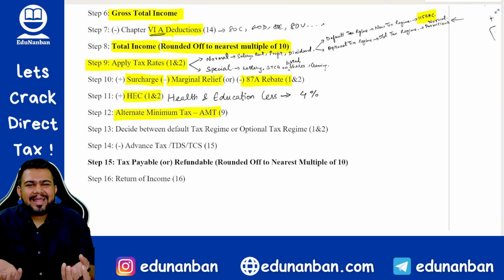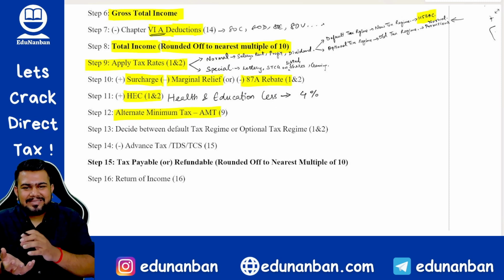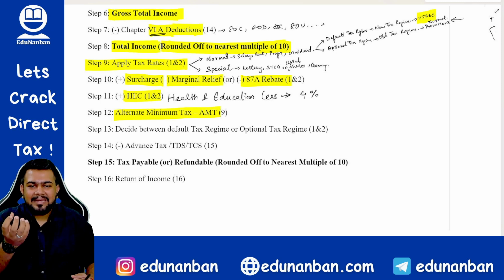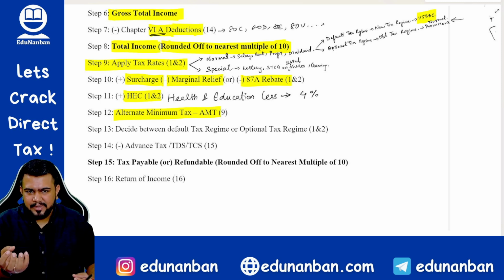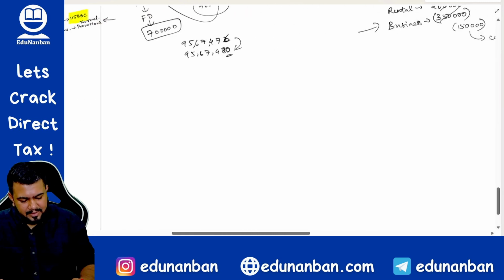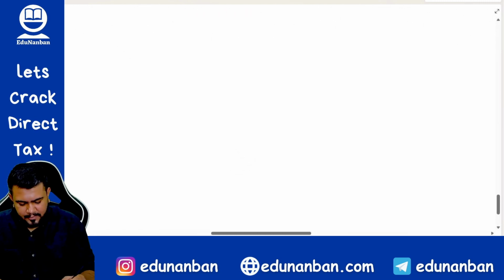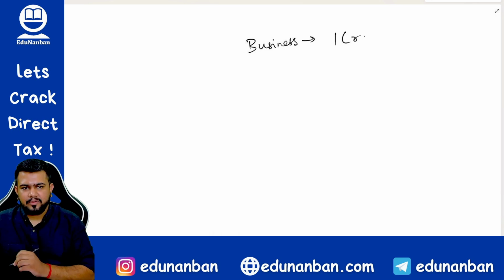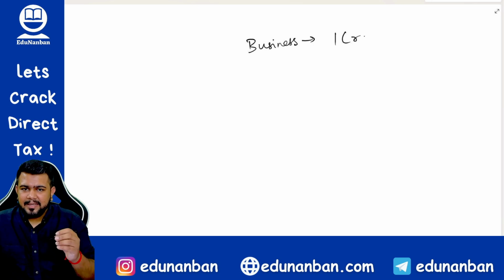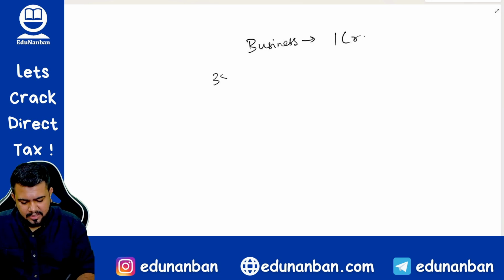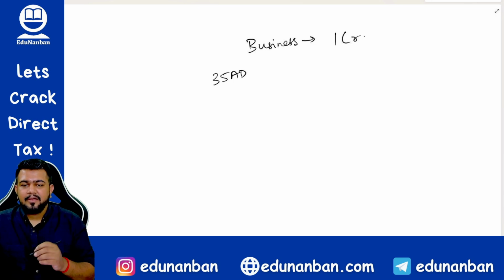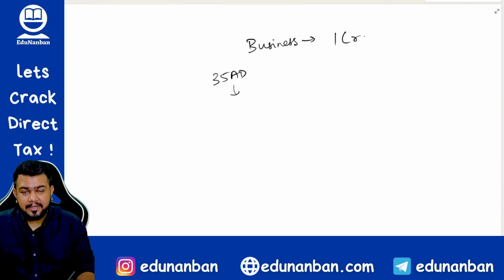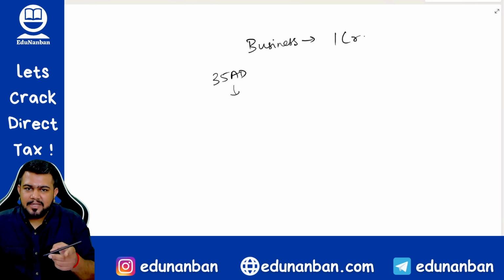This is only called alternate minimum tax. So what is that laddu? The laddu is nothing but deductions which is given to the taxpayer. So for example, I am having a business, and in my business I am having a profit of 1 crore, and in the Income Tax Act there is a section called 35 AD which gives a benefit of claiming deduction on capital expenditure also.